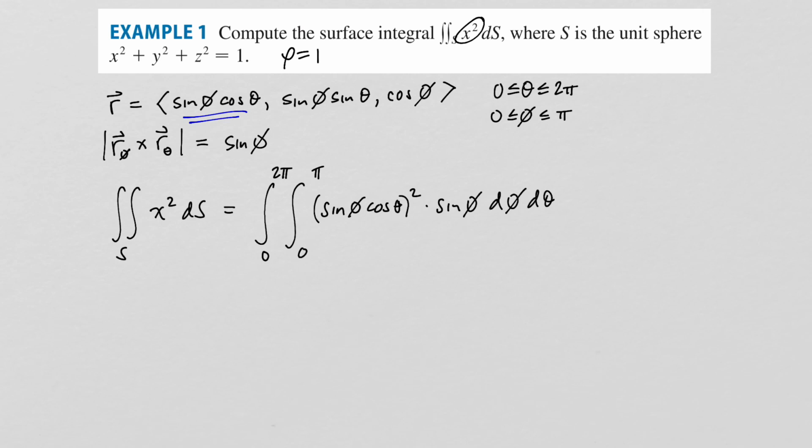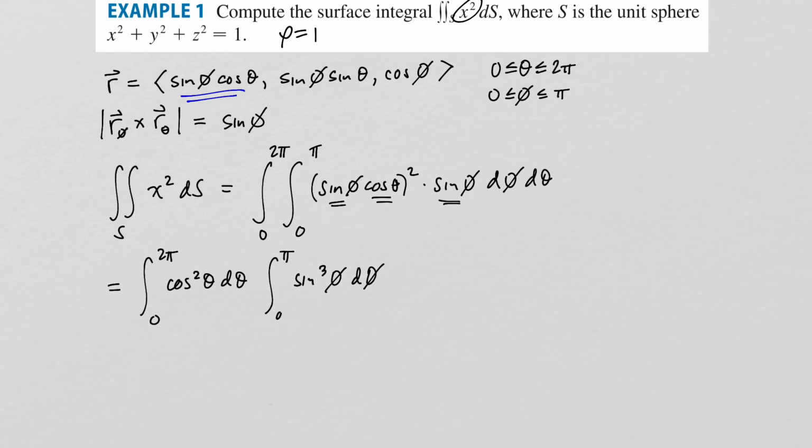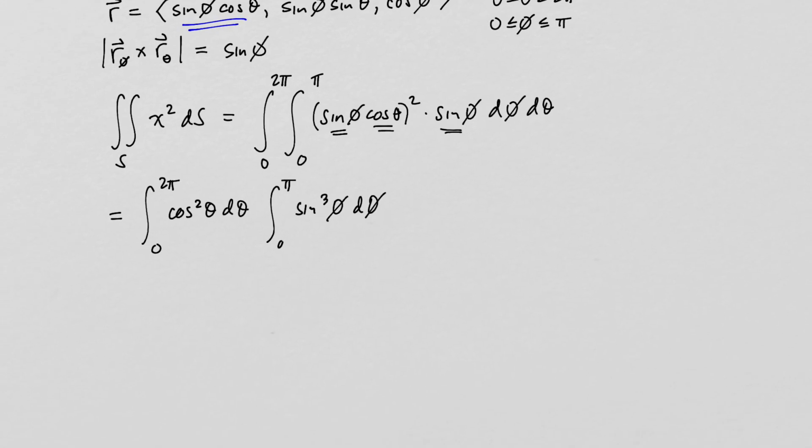Now, because our function of theta and our function of phi can be expressed as a product, we can go ahead and pull out the cosine squared of theta d theta here. And then the phi part is going to be sine squared times sine, which is sine cubed of phi, d phi. And now these are pretty basic trigonometric integrals.